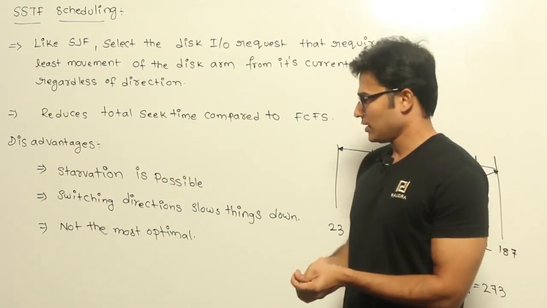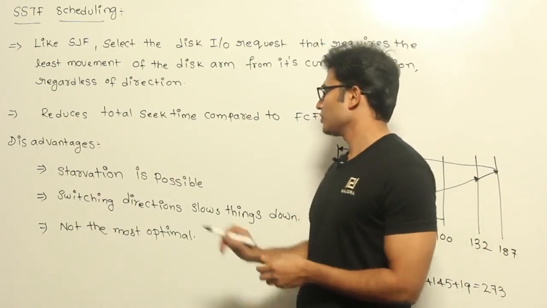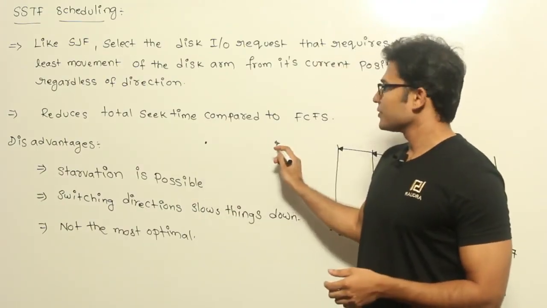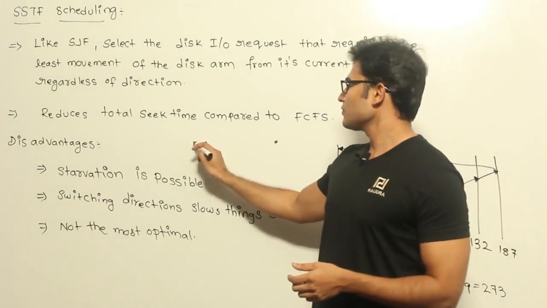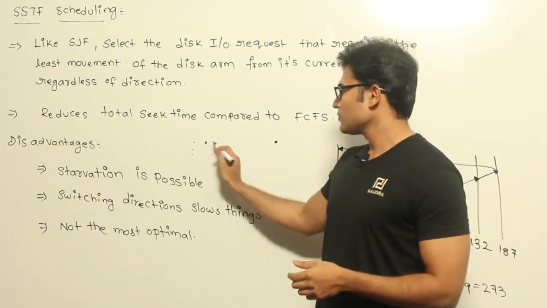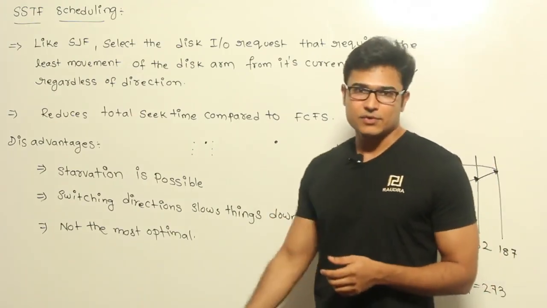Now what are the disadvantages? Starvation is possible. Let us assume that you are standing somewhere here and there is a request somewhere there. If you keep on getting requests close to this one after the other, you will keep on servicing all these requests and you will never go to the far one because it is too far from here. Got it?